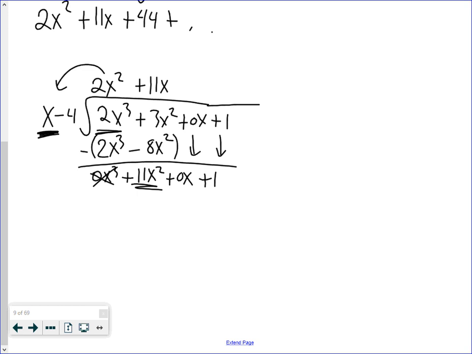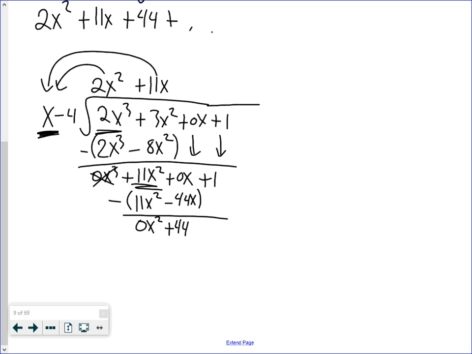And when you do, you get 11x squared minus 44x. We're going to subtract that polynomial with the one we just made, just like before. 11x squared minus 11x squared, that's 0x squared. That's what we wanted. 0x minus negative 44x is a positive 44x. And we can just bring down that 1.